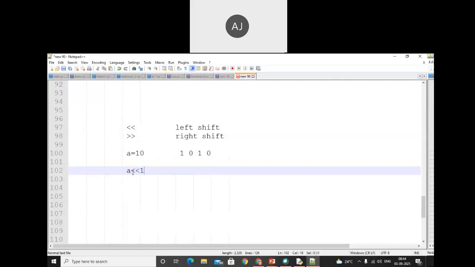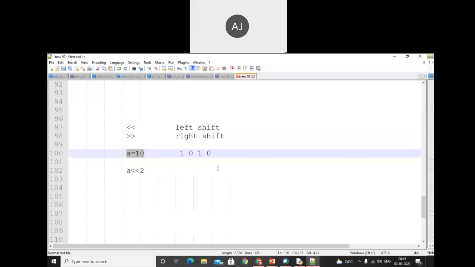We can use 1 bit, 2 bits, 3 bits, 4 bits, whatever. But generally, most of the time, we use 2 bits. Okay, we need to shift 2 bits. What does it mean? Here I have value a that contains 10, and I'm trying to shift 2 bits to the left side.